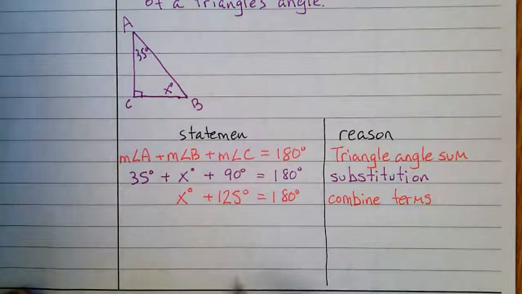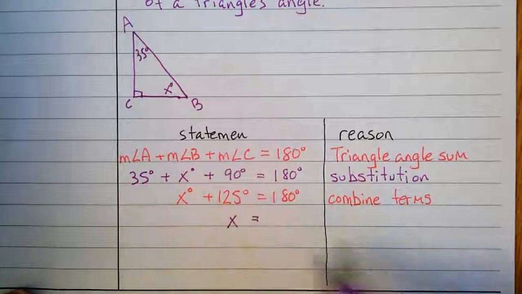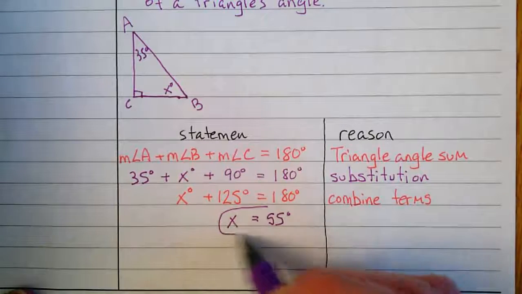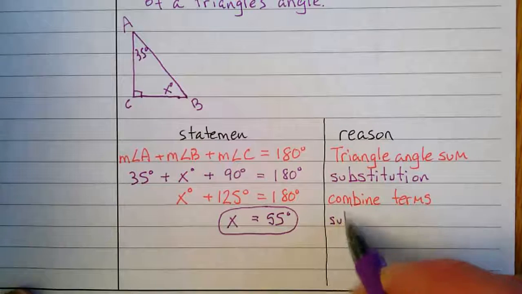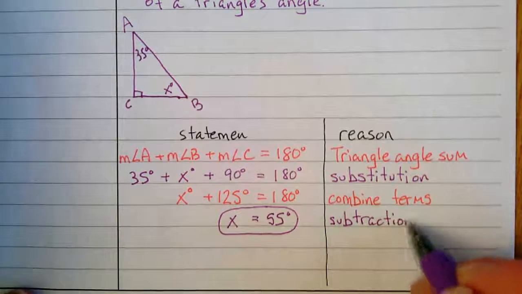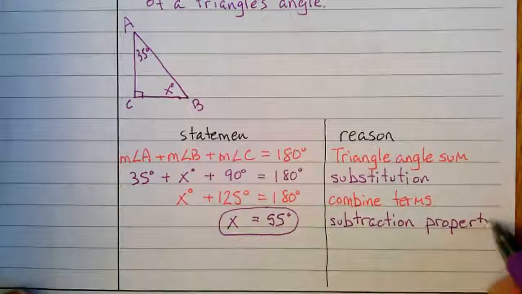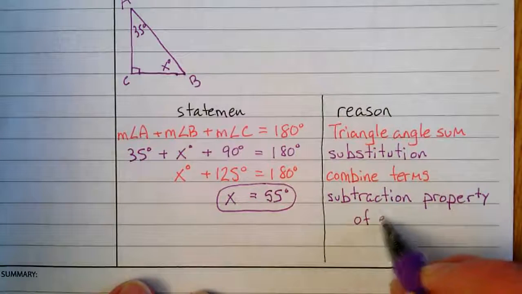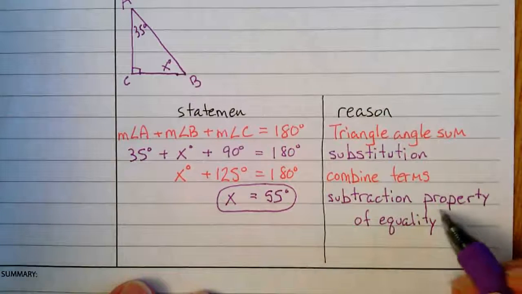But next we'll take away 125 from each side, and we get 180 minus 125 is 55. Now I'd like to circle my final answer. And here we did subtraction property of equality.